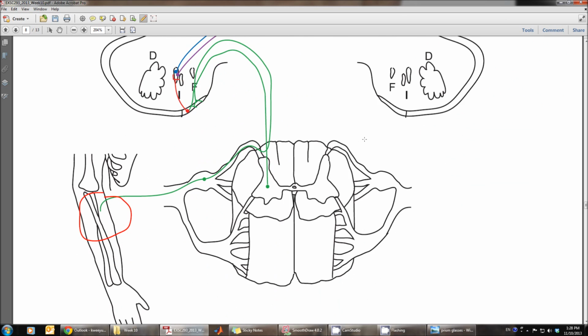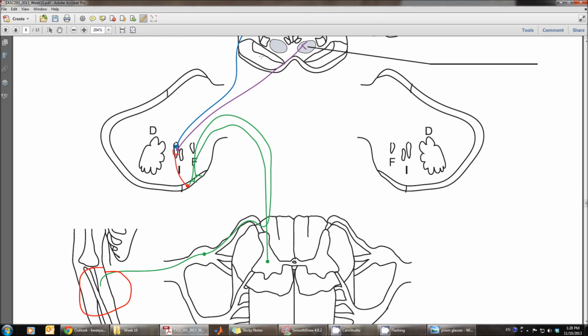So let's look at the input first. These are the cerebellum in the template, left and right, and we can see that outside is the cerebellar cortex, and inside there are some deep nuclei, labeled D, I, and F. The most lateral is the dentate, the most medial is the fastigial, and in between is the interposed nucleus.